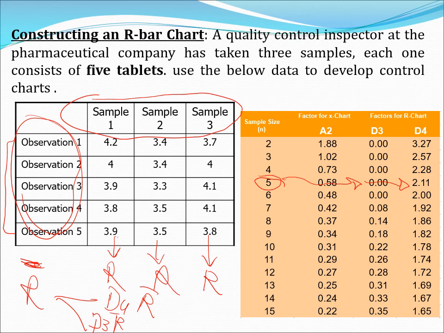After that, you have to plot the chart and check if all the samples are between the upper and lower control limits, or if there is a sample outside. Even if only one sample is outside, it means there is an assignable cause of variation.